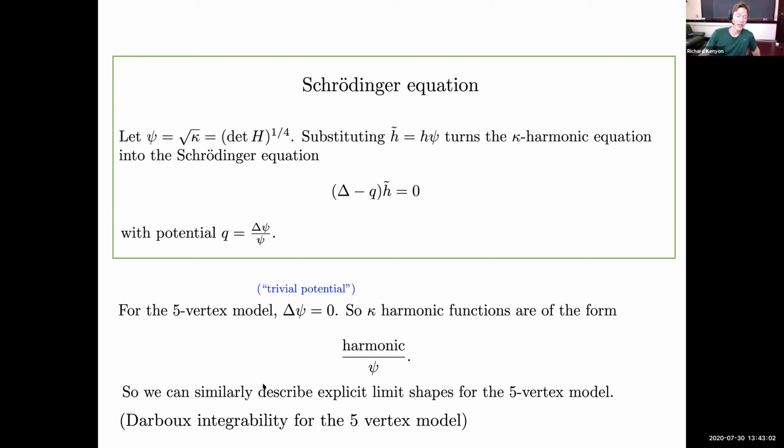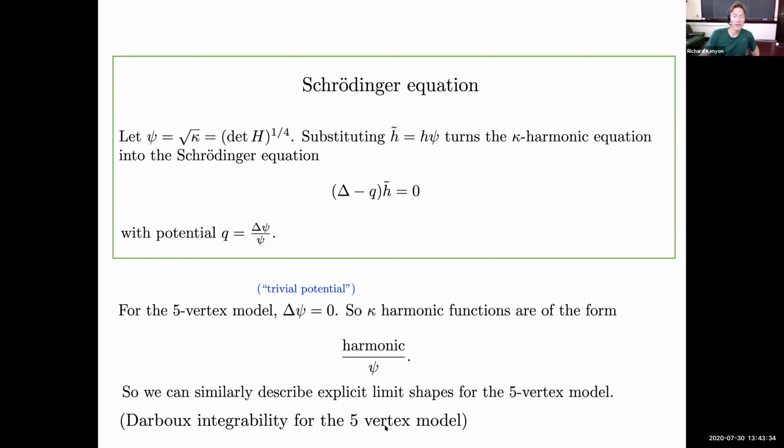Therefore, we can also describe explicit limit shapes for the 5-vertex model, just like we did for the Dimer model. So this is a version of Darboux integrability for the 5-vertex model. You can write an explicit integral equation for all limit shapes. We still have the problem of matching the boundary conditions to the harmonic function, but in principle, at least, there is an analytic function describing every limit shape, and you can write an explicit integral formula for that.